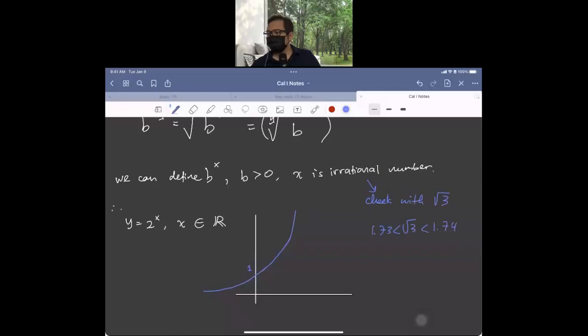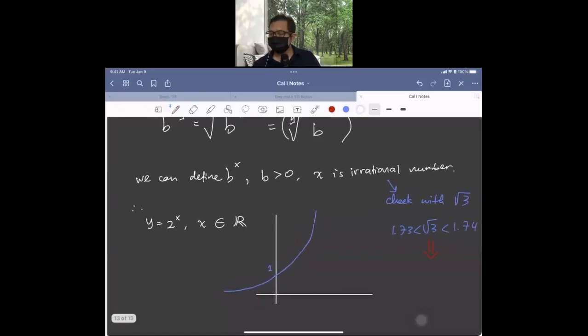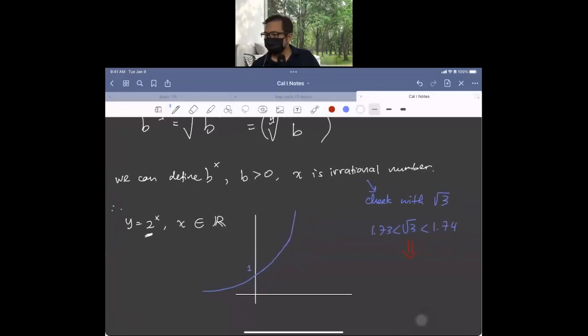Then we turn to our function: for example, with base 2, we make the power with the square root of 3, which means this is also going to be in between these two numbers.